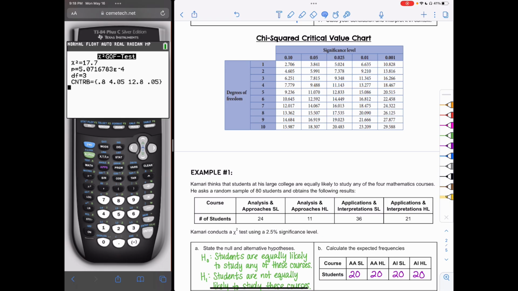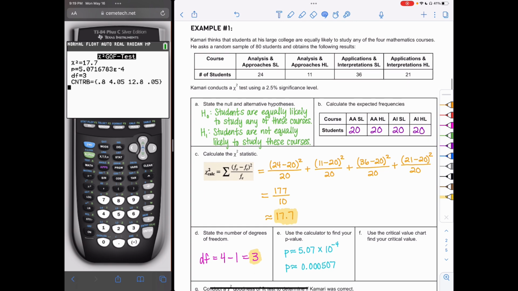So because of that, I'm going to go up to 0.025 on the top, and then on the side, my degrees of freedom is 3. I literally take my fingers and trace and match them up, and I end up getting 9.348 on my critical value chart.